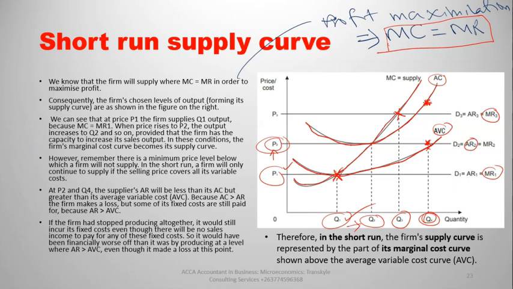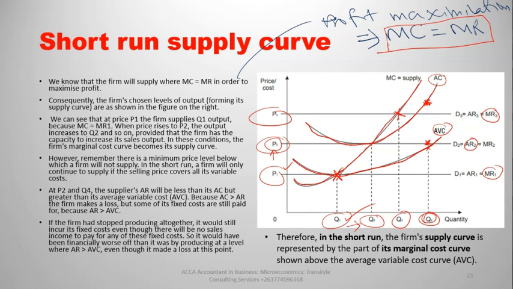Okay, so Q3 is actually the safest production quantity. Okay, so the supplier is actually willing to supply at the price P3 because at that price the marginal cost is equal to marginal revenue.